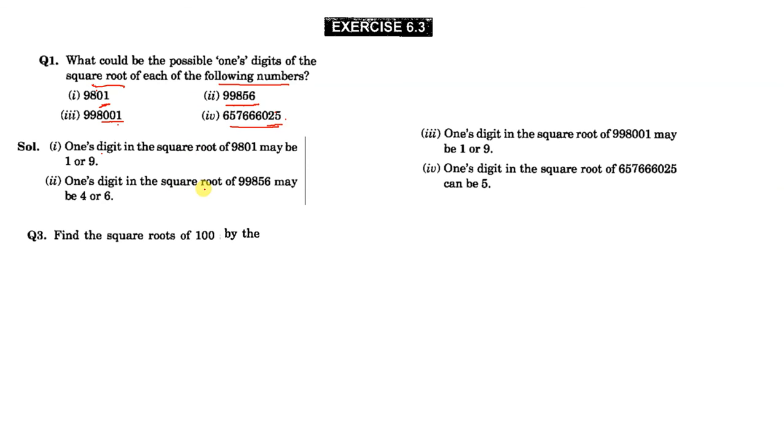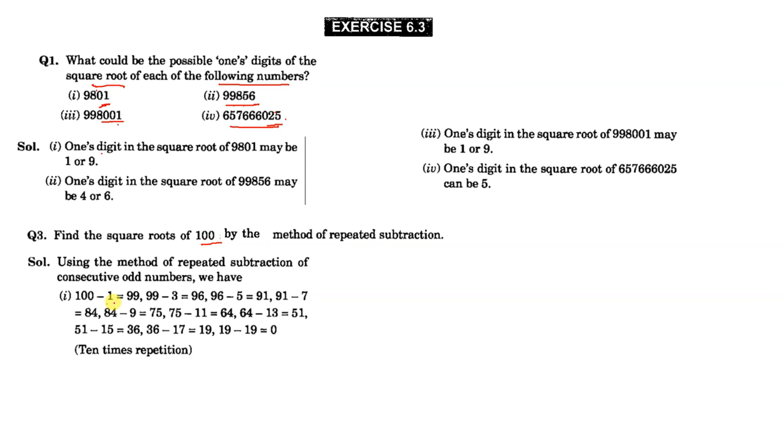Now the next question is to find the square root of 100 by the method of repeated subtraction. So we start subtracting odd numbers from it. 100 minus 1 is 99. The next odd number is 3. So 99 minus 3 is 96.